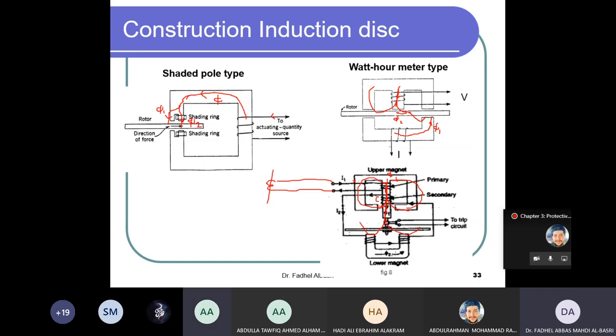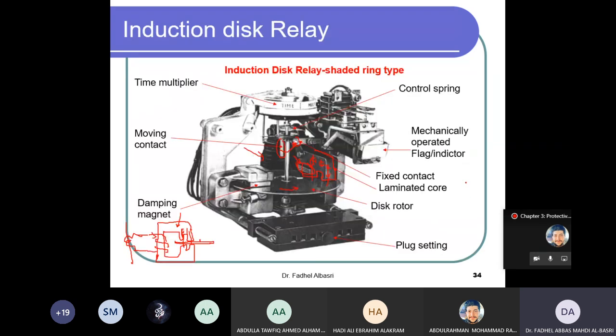So this induced EMF will produce a current because the second coil is closed, and this current will produce another flux, phi2. Phi1 is due to this current, phi2 is due to the induced EMF, and they are two fluxes out of phase, and that will also produce a torque.